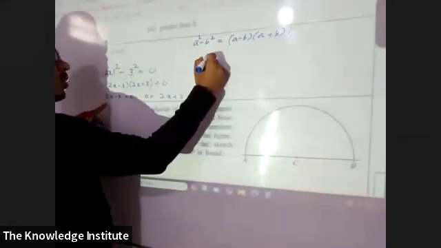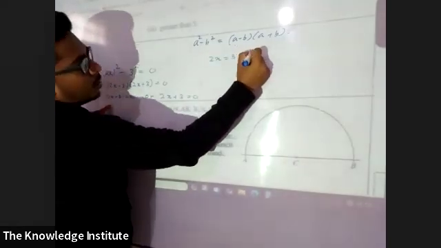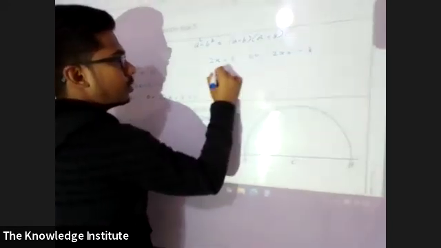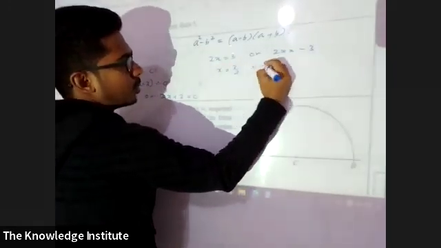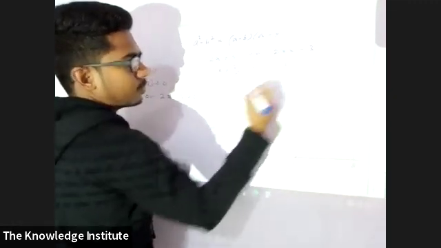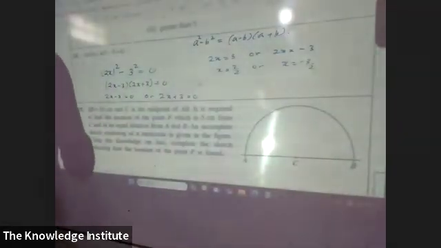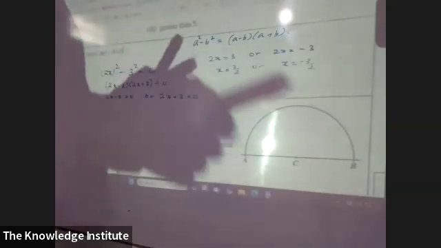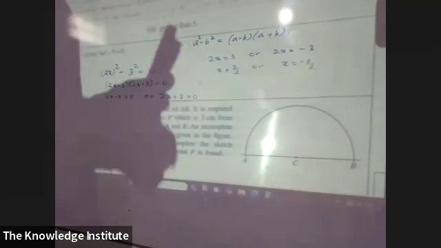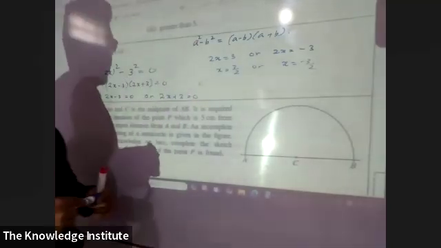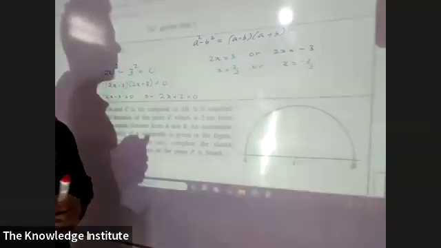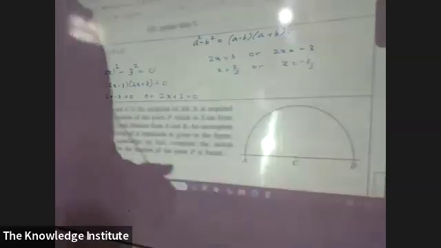From this, 2x equals 3, so x equals 3 over 2. And the other one, 2x equals minus 3, so x equals minus 3 over 2.